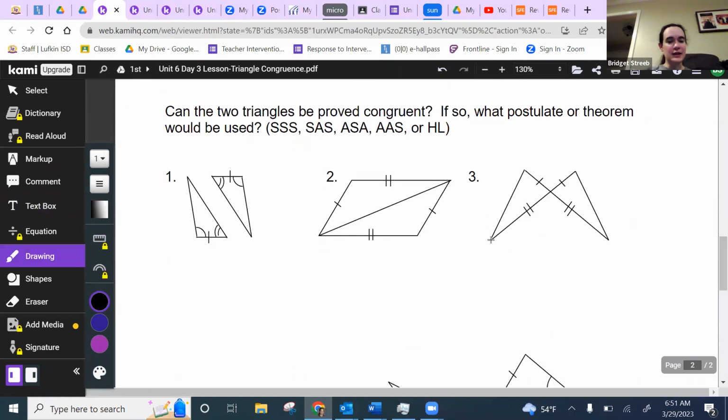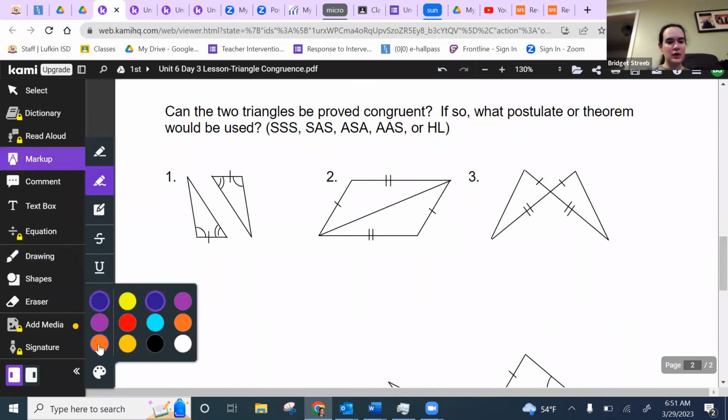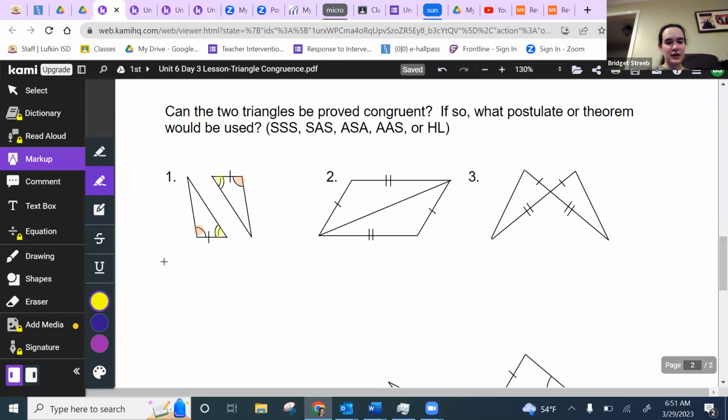Okay, so next step, we are going to use these and prove that triangles are congruent. So our first one, we have one set of angles. We have a second set of angles, and we have one side.